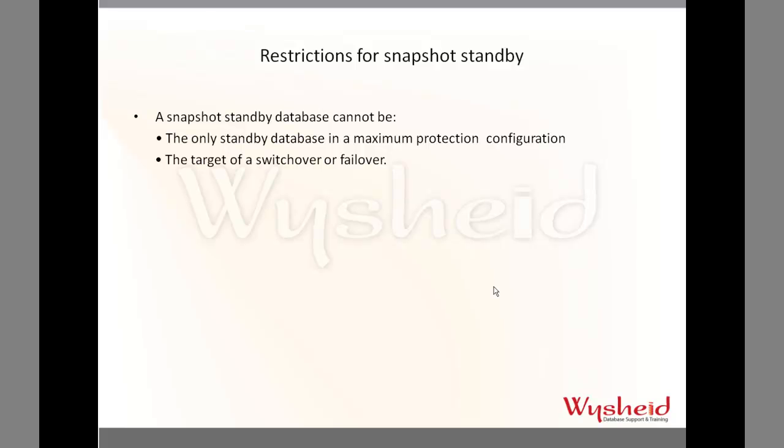If you want to do a switchover to a snapshot standby database, we have to first convert the snapshot standby database to a physical standby database. Then we can do the switchover or failover to the physical standby database. And the snapshot standby database should not be the target for fast-start failover.